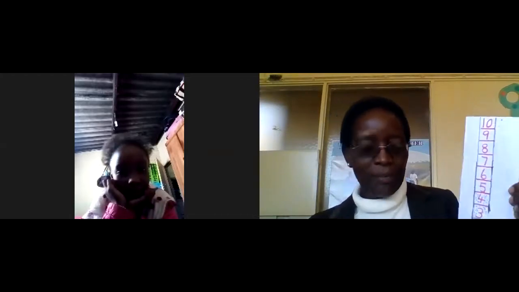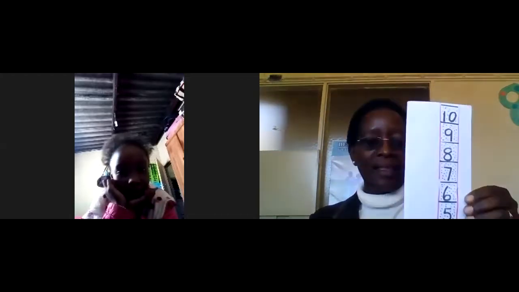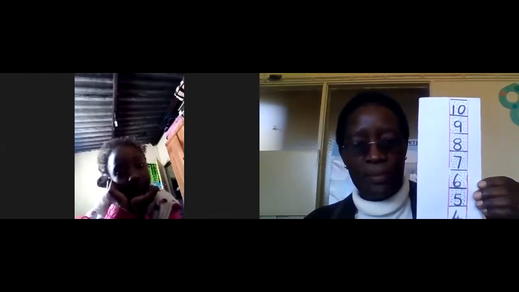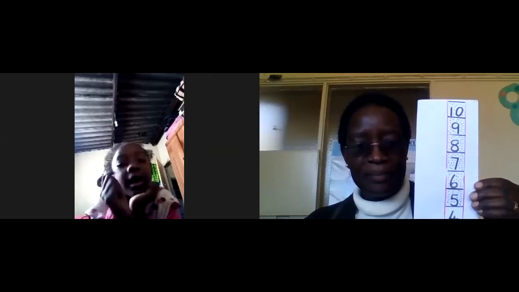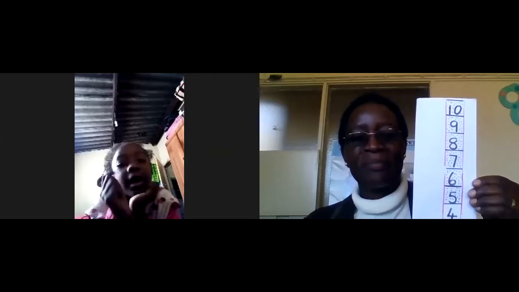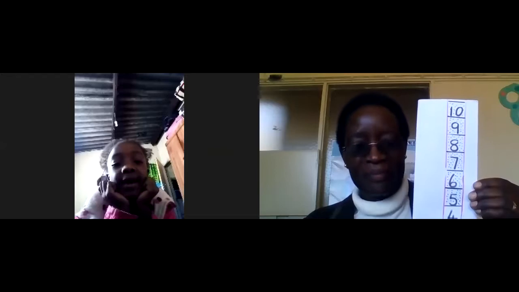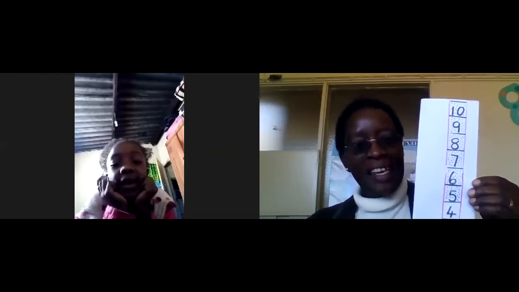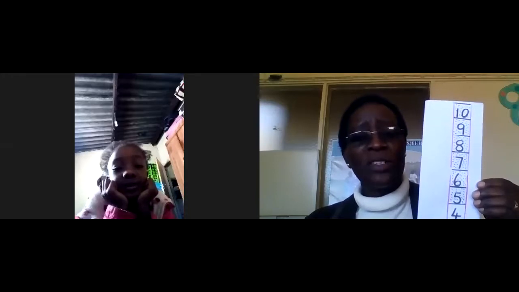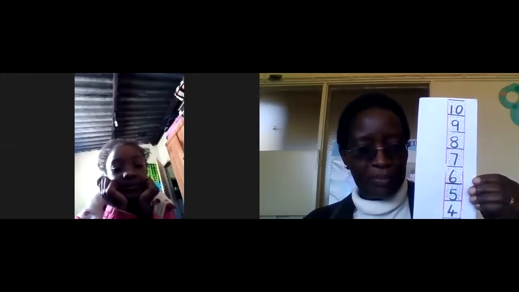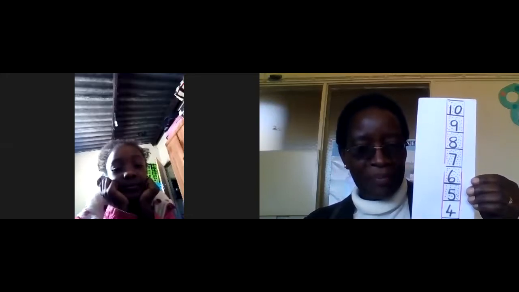Do you see that? Now, if I turn my paper like this, look at the shaded numbers. Which numbers are shaded? 5, 6, 7, 8, 9, 10. Excellent. All those numbers which are shaded, they are nearer to which number? 10.